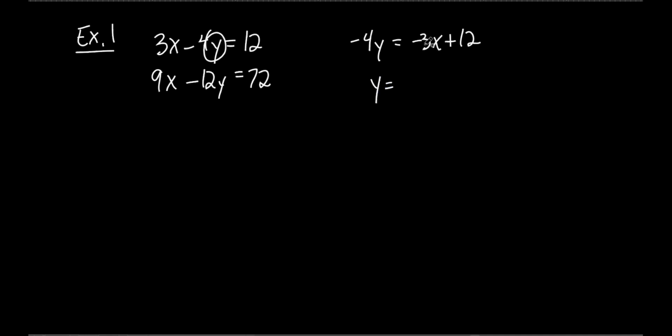So y equals what? If I divide by negative 4, that's positive 3/4 x minus 3. I subtracted 3x from both sides. I moved the 12 over to the right a little bit, and I put the x in between the equal sign and the 12. See?